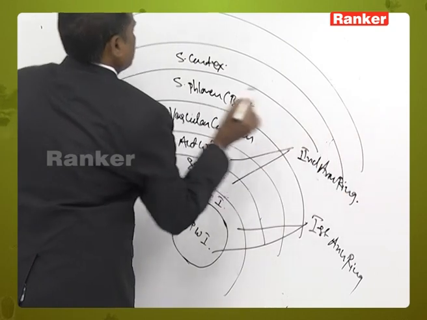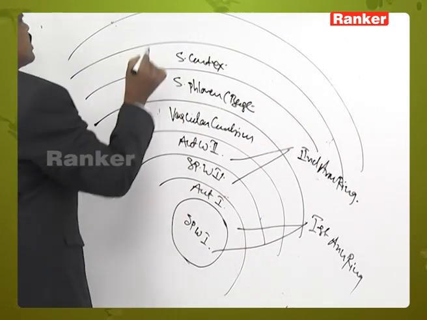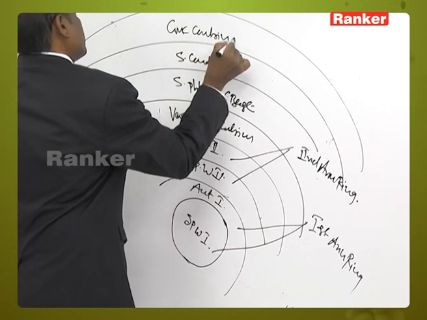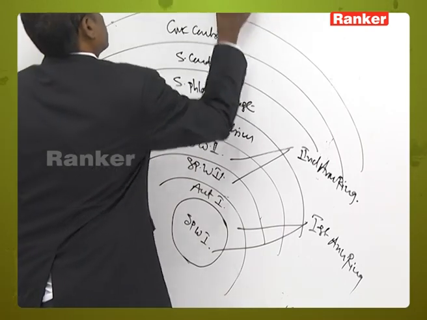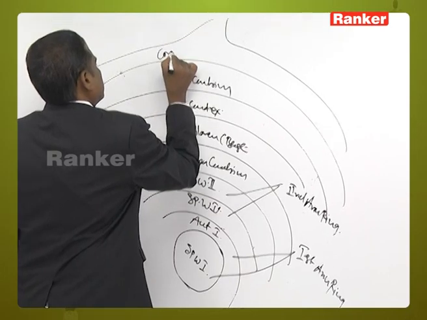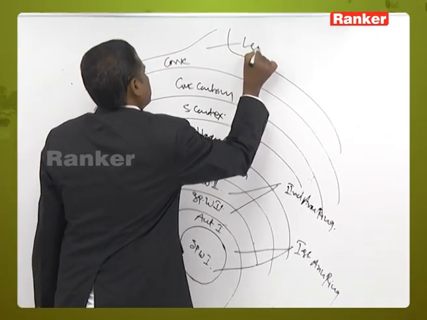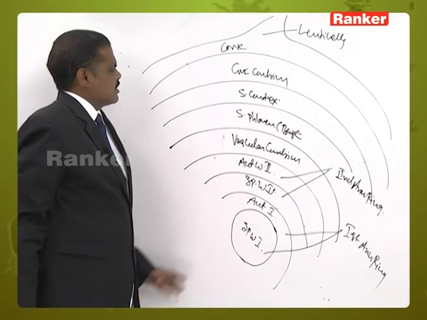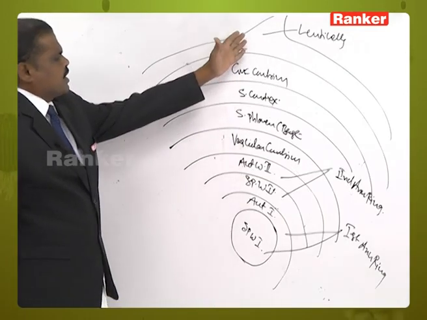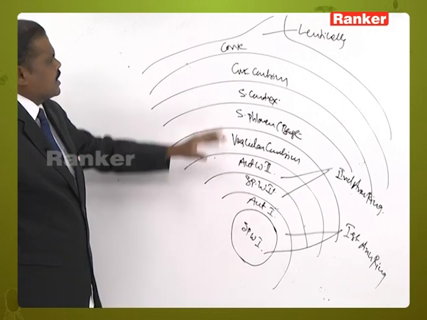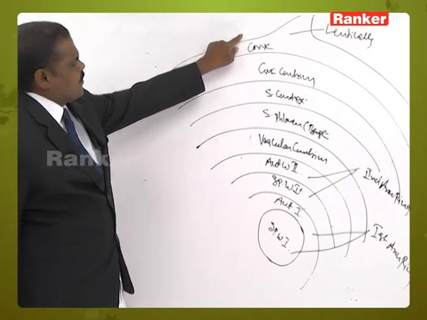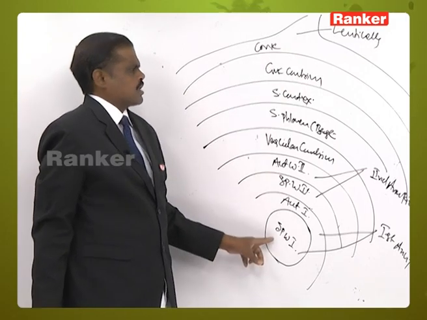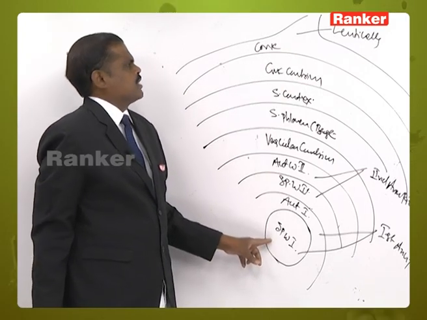Peripheral to secondary cortex, cork cambium is present. Outside the cork cambium, cork is present with lenticels. It is the secondary body.